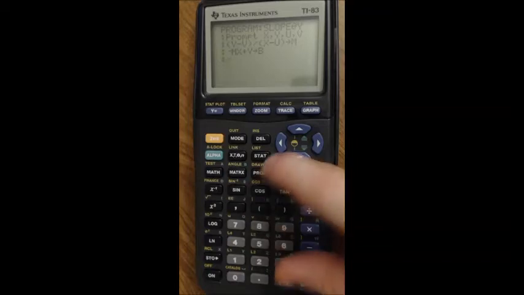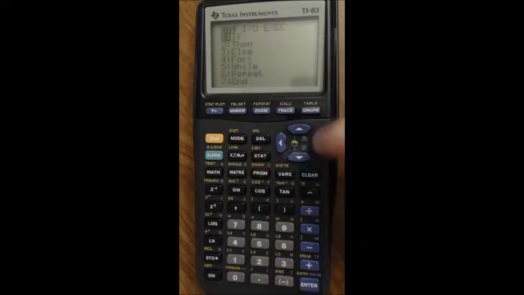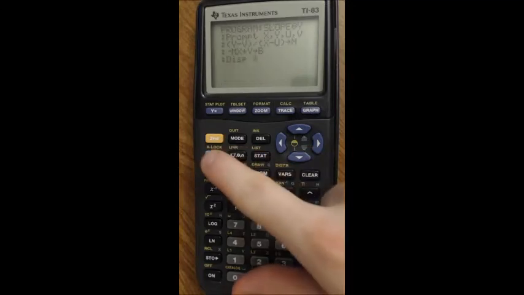And now we want to display, so program I/O, we want to display, and the first thing we want to display is slope.